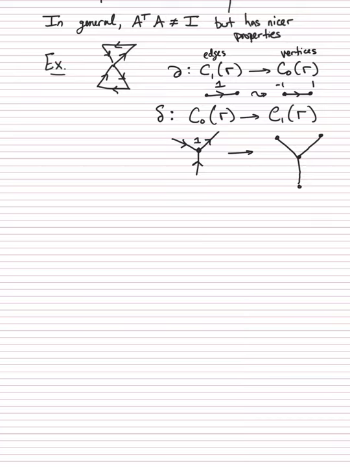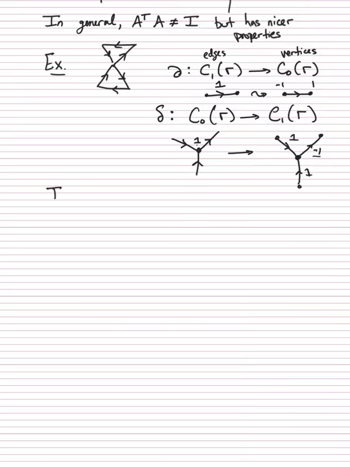Here it assigns this a minus 1, this a 1, and this a 1. The way you can check this is if you concentrate on a single vertex and a single edge, this 1 should map to a 1 here, and then the boundary operator sends it back. Here it goes to a minus 1 because the boundary would send this to 1 on this vertex.